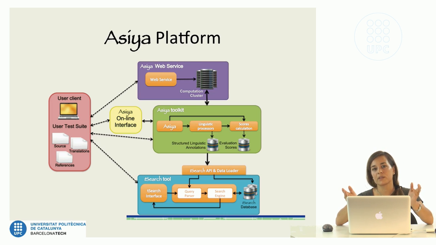This is in line with today's cloud computing services, and it is intended to facilitate the remote usage of Asiya without downloading and locally installing all the modules. And finally, the Desert tool is a complementary tool for translation analysis and error analysis of the output of the translations. This tool was especially designed to allow developers to alleviate the burden of manually looking at the translations and their quality.